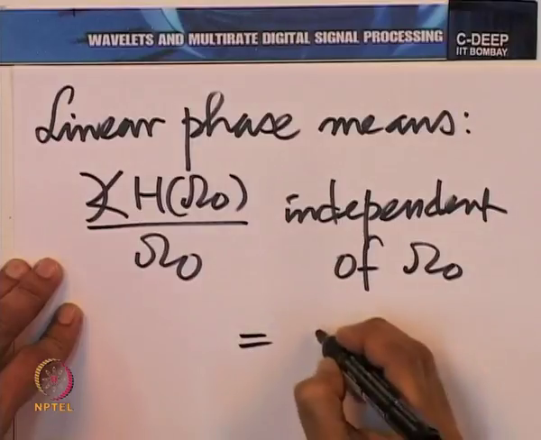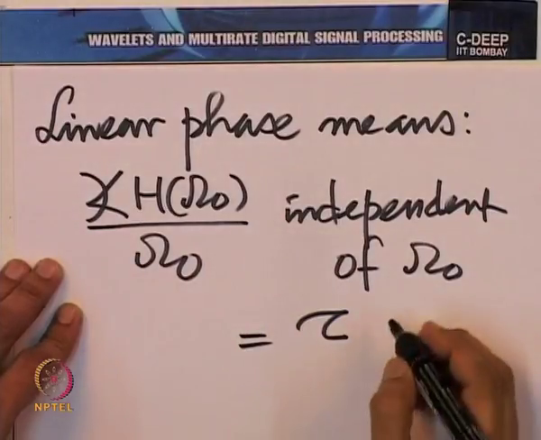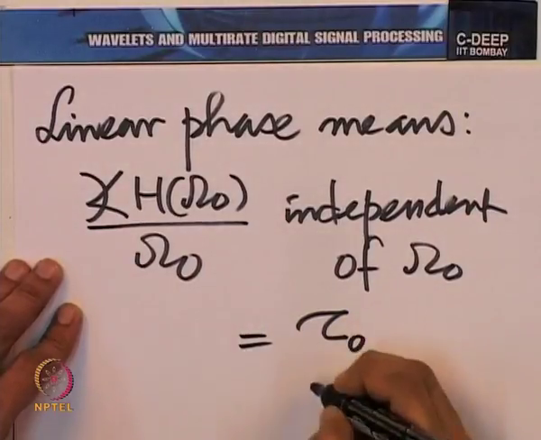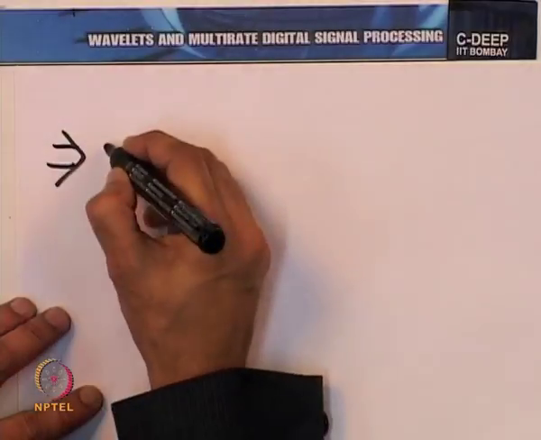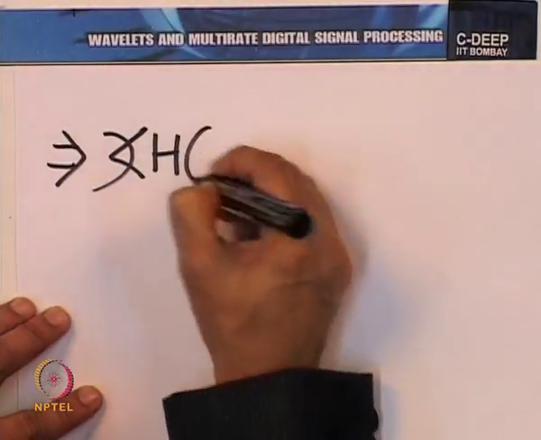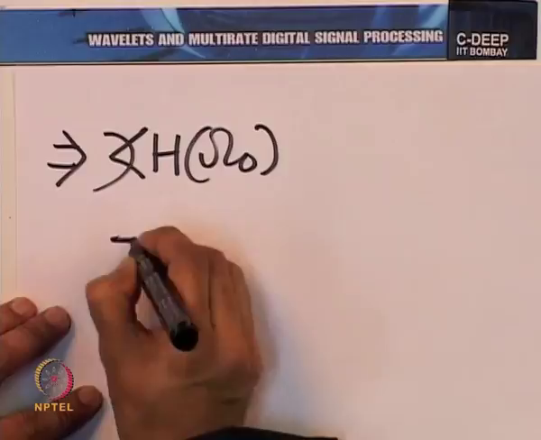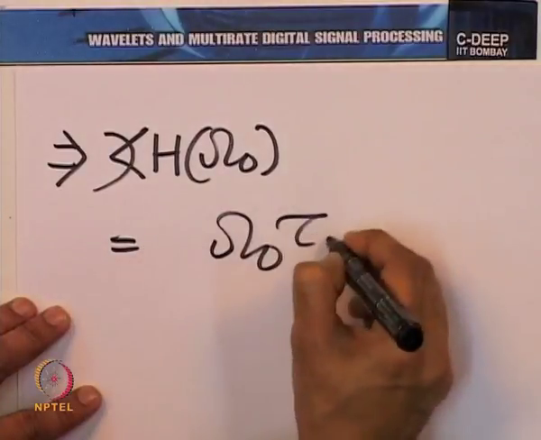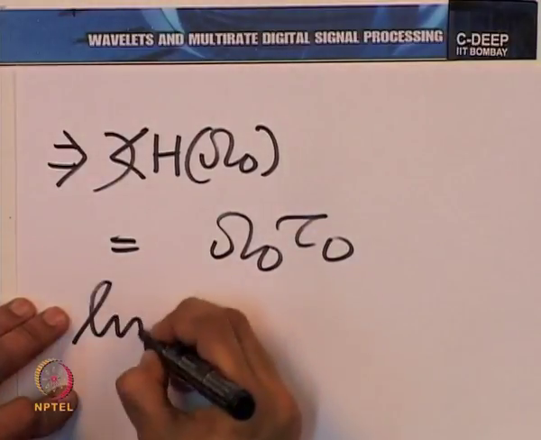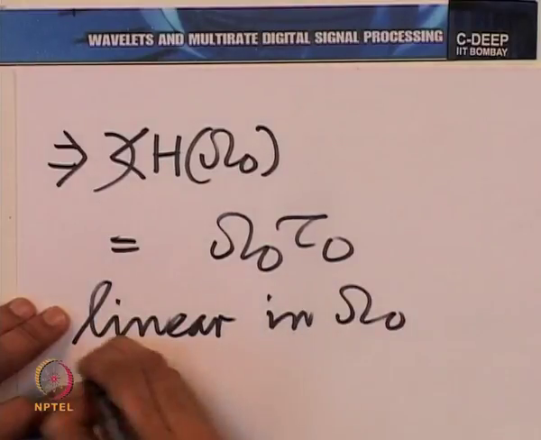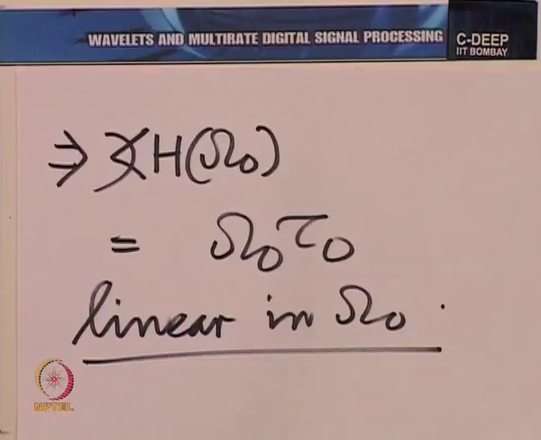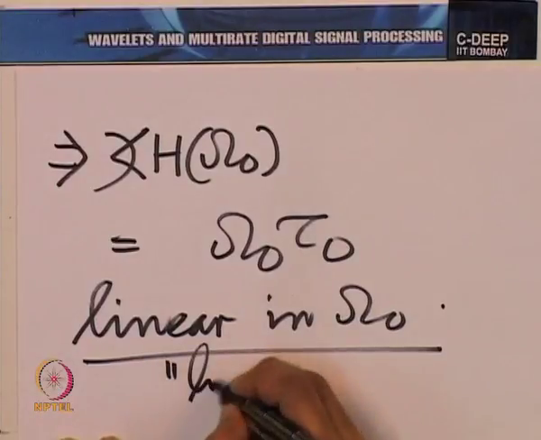That means it is a constant. Let us say it is some tau naught, which means that the angle of h omega naught is of the form omega naught times tau naught. It is linear in omega naught. That is why it is called linear phase.